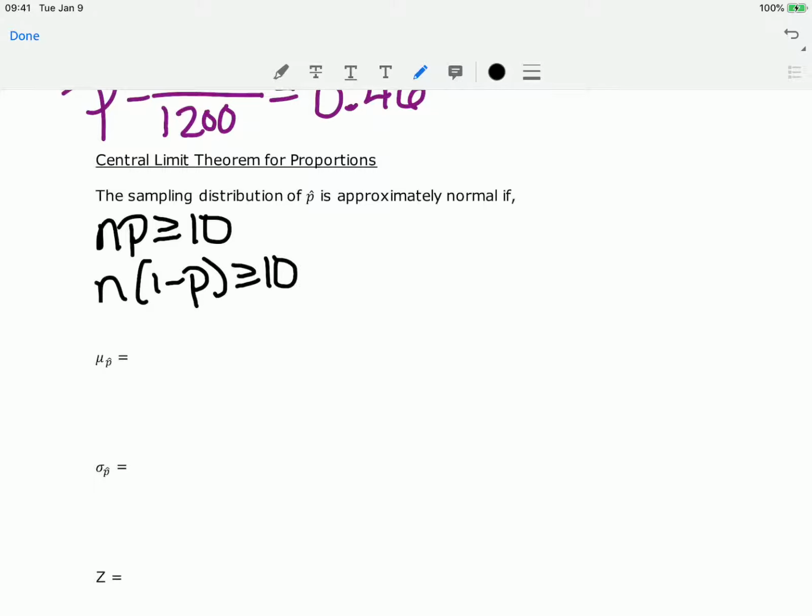Both must be true, so we're going to put an and here. If n times p is 12, but n times 1 minus p is 9, then it is not normally distributed.